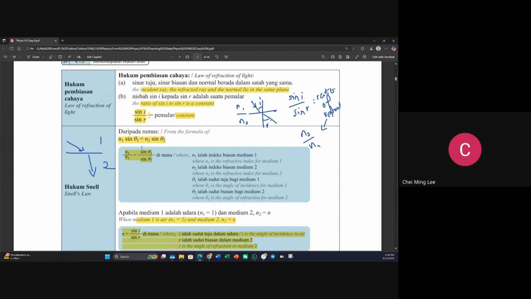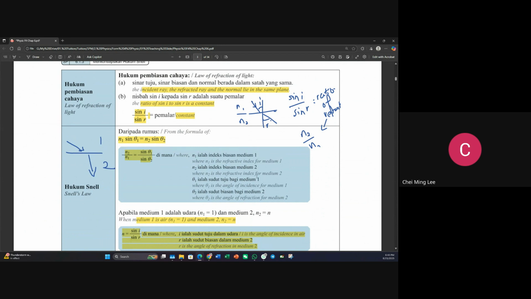N1 sine theta 1 equals N2 sine theta 2, the first angle and the second angle. Rearrange, you will get N2 over N1 equals sine theta 1 over sine theta 2.